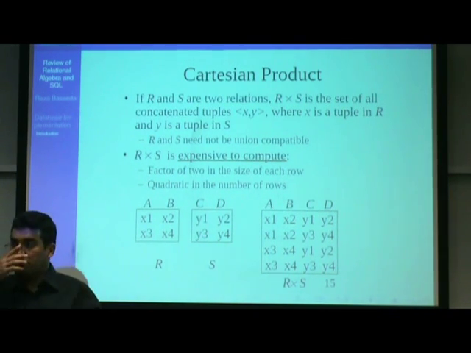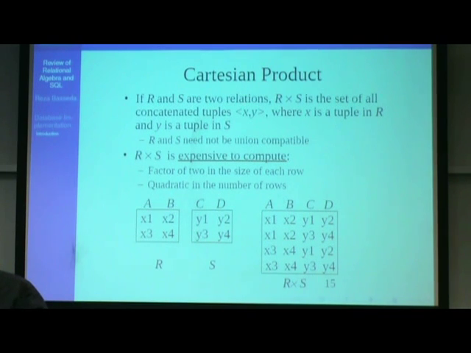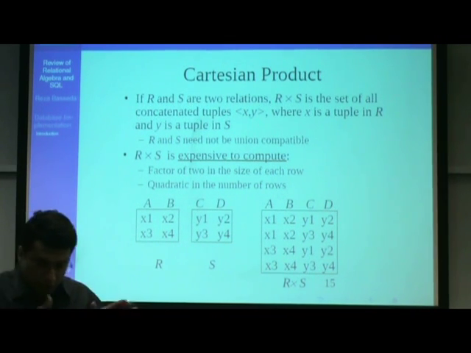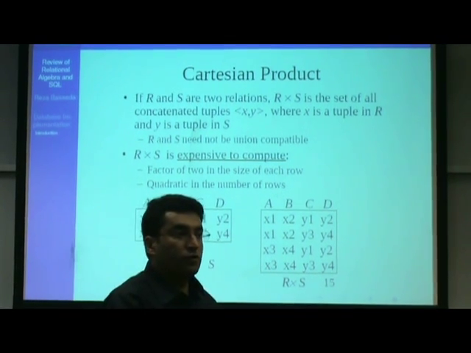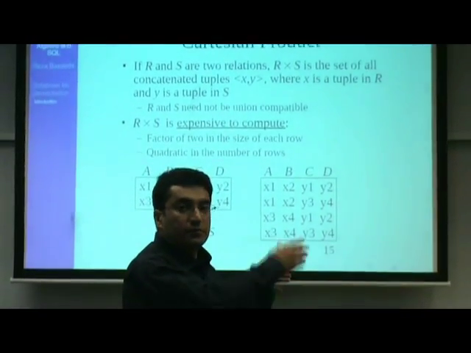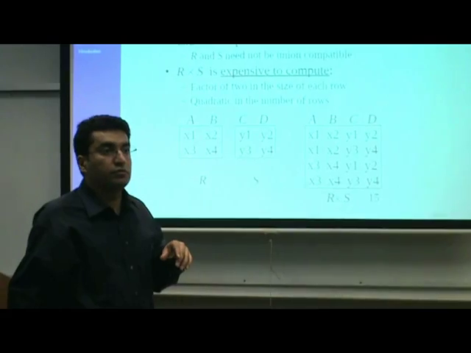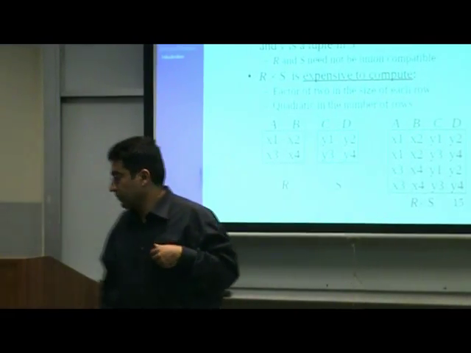N-cube? N-square. Size matters: for each relation you take all of the rows, and for each of those rows on the other side, you have to repeat in order to create new tuples.